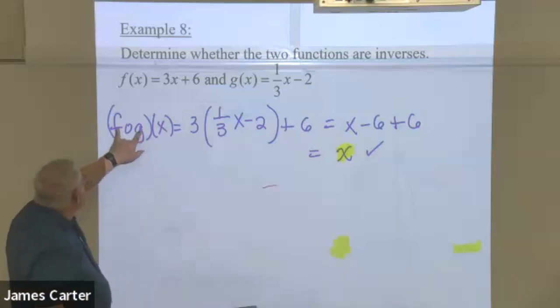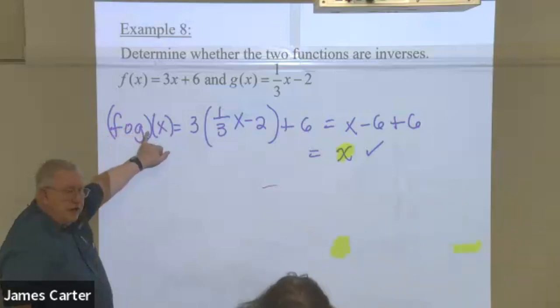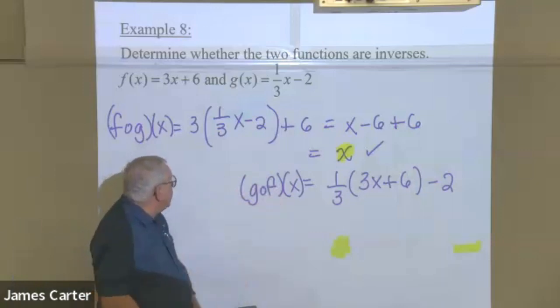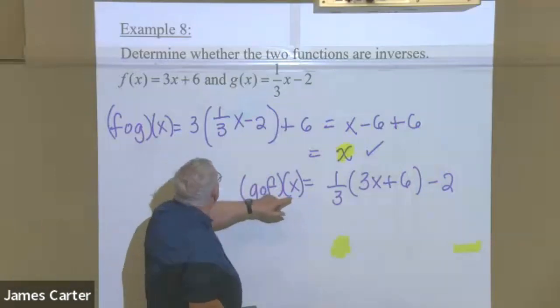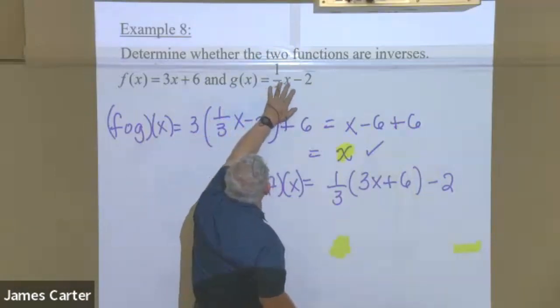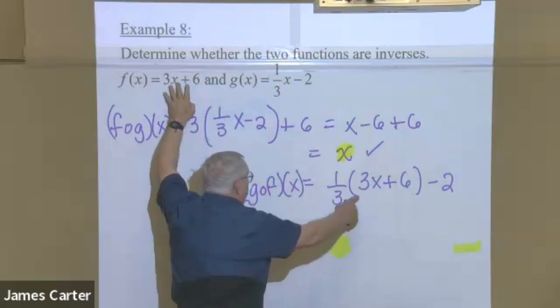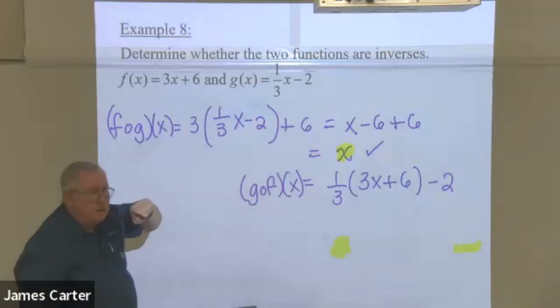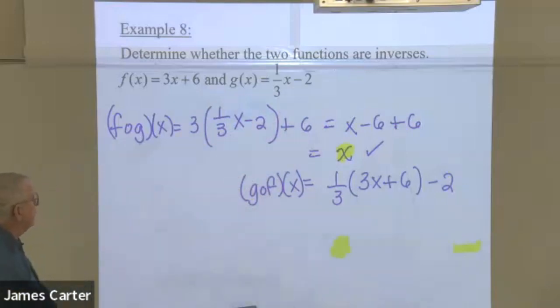Now we're going to take G compose F. Okay, so in this case, we take the G equation and we put 3x plus 6 where the x was. We substitute it in. Here's that tail along, minus 2. We multiply a third times everything in the parentheses, and it simplifies to that.